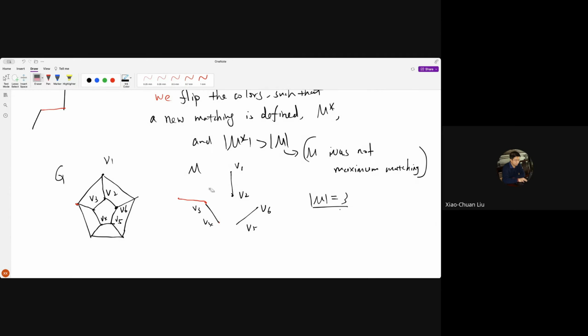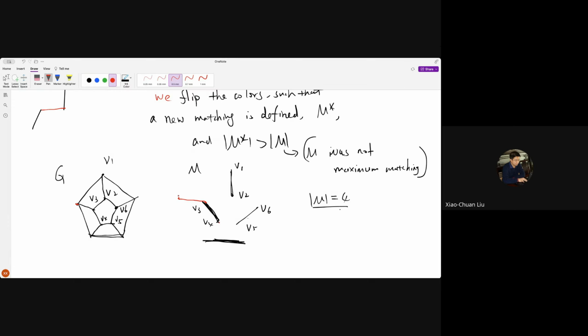Okay, my matching has 4 edges. This is my matching M. I don't have a name for this, but I put this edge also. So my matching has 1, 2, 3, 4 edges. This is my matching.